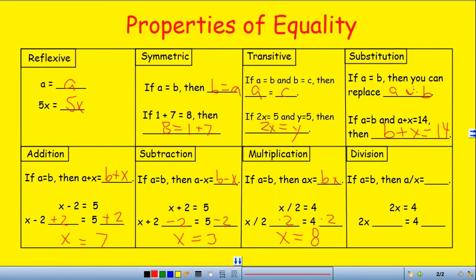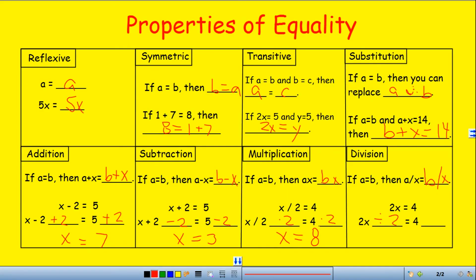The last property we're going to talk about is the division property of equality. If A equals B, then A divided by X will be the exact same thing as B divided by X. For example, if I know that 2 times X equals 4, then that means 2X, in order to cancel it out, I have to divide by 2.